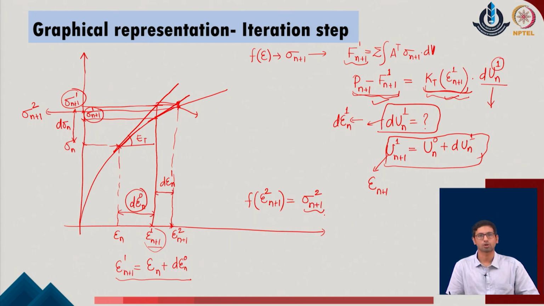Once this value is obtained, we can identify the corresponding value of the force with the second iteration by taking the summation of the A transpose sigma of n plus 1 with the second increment and the volume integral.